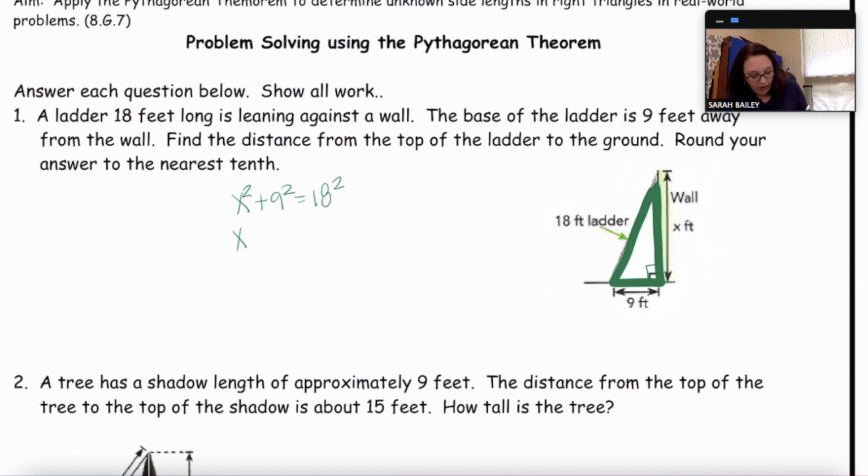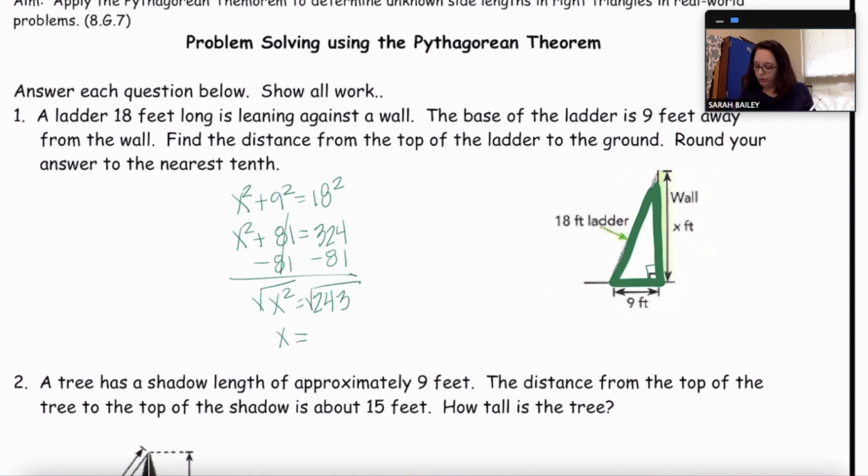So we're going to go ahead. 9 squared is 81, and then 18 squared is 324. So we're going to subtract 81 on both sides. It's 243, and then we'll do the square root now of both sides.